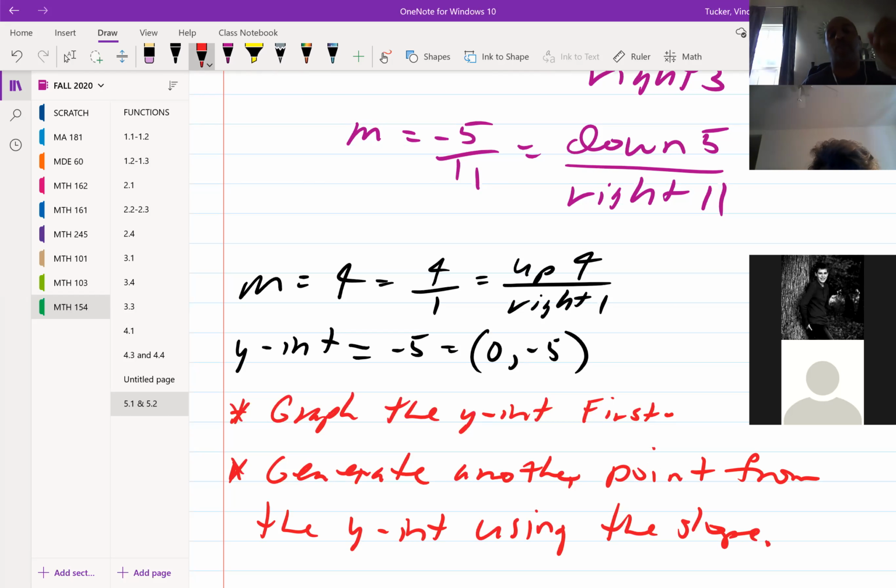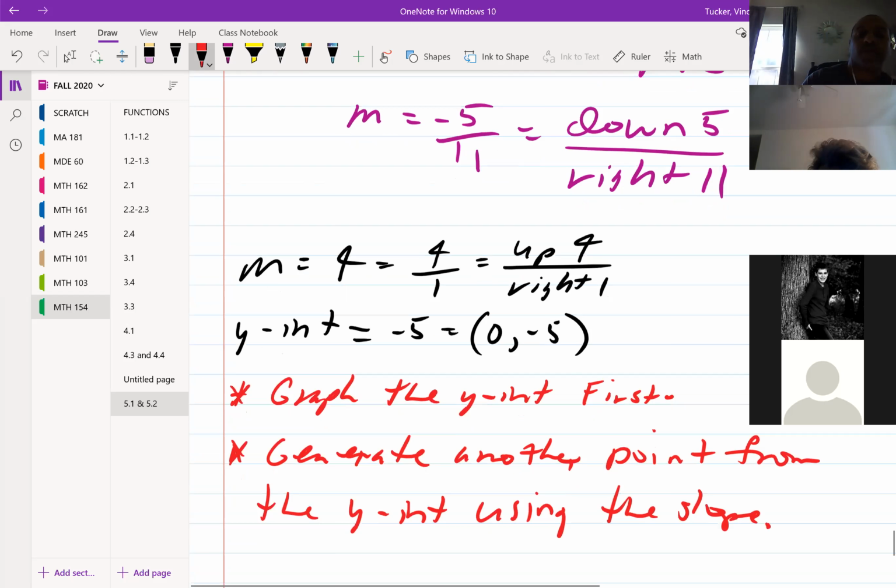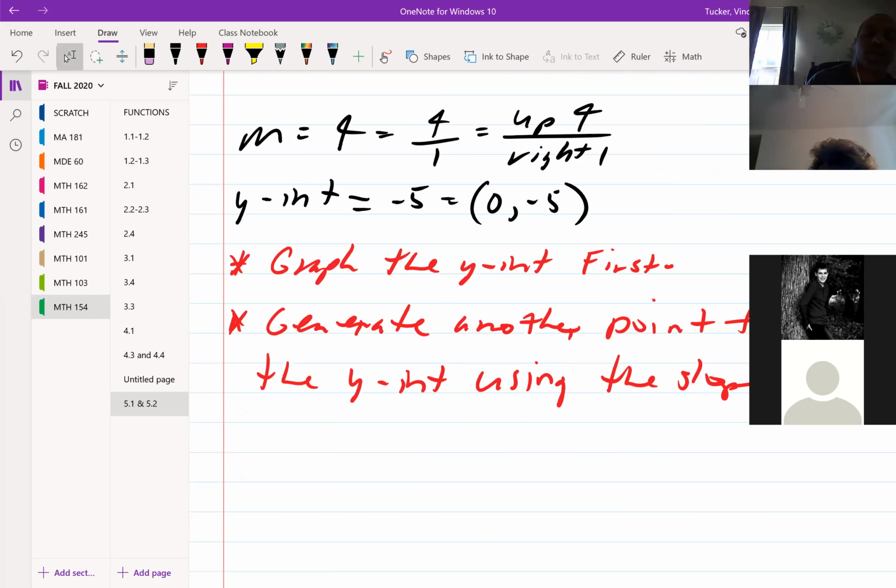You do not go back to your origin. Remember, your y-intercept is not a point. It's going to help you generate a point from the y-intercept. That's why you have to graph the y-intercept first. So a lot of people make that mistake as well. So make sure you're careful.